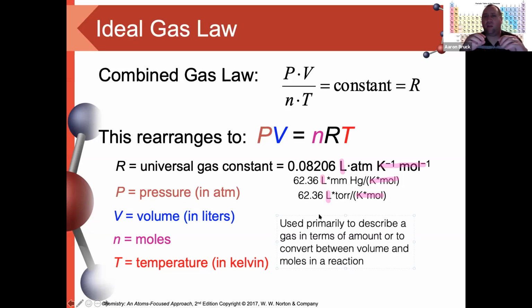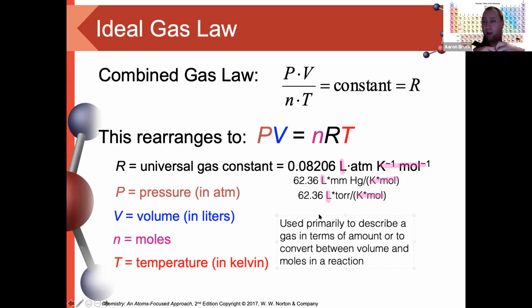But the difference between the combined gas law and the ideal gas law. A combined gas law we use primarily when a gas is changing in terms of its temperature changing, its volume changing. The ideal gas law we tend to use when we are describing a gas.